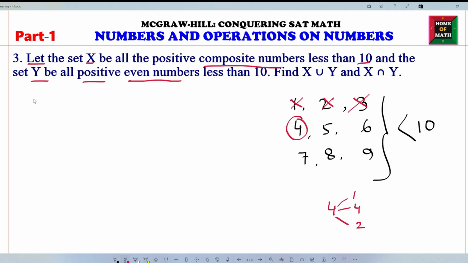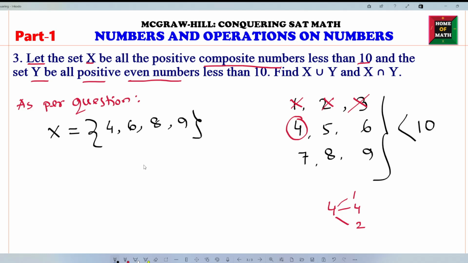So as per the question, X equals what? 4, 6, 8, 9.